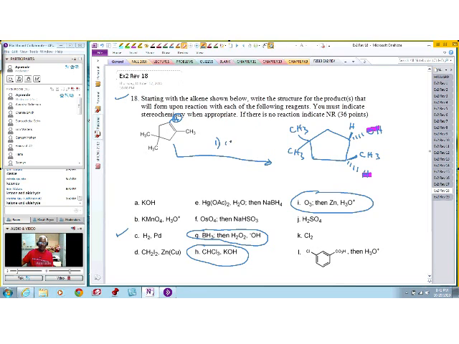This is ozonolysis. This carbon here becomes the carbon of an aldehyde because it contains hydrogen, and this carbon becomes the carbon of a ketone. So therefore, we have aldehyde.